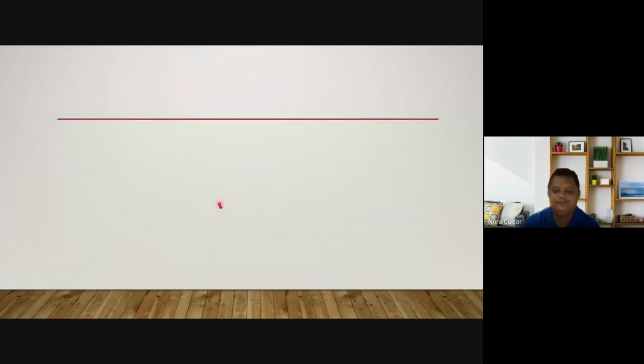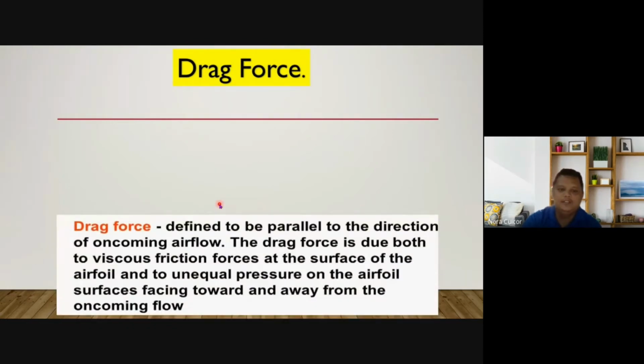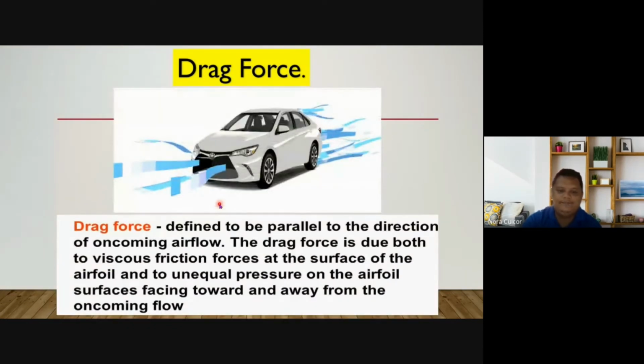Okay, next one is drag force. Drag force is defined to be parallel to the direction of oncoming airflow. Look at the airflow here. The drag force is due to viscous friction forces. Look at the air. The air is coming from the left to the right, but the car is moving from the right to the left.